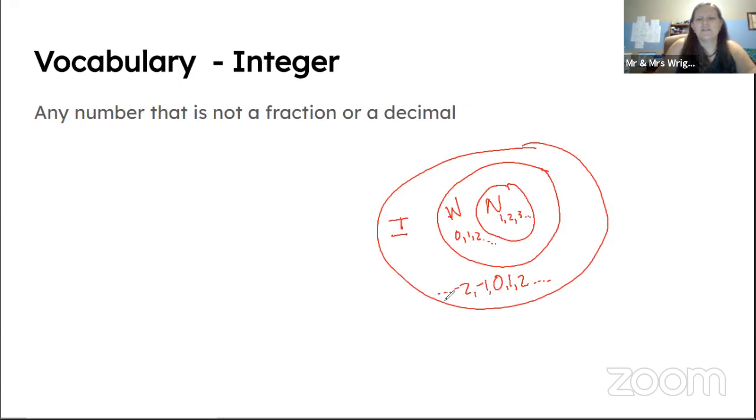And it continues on in that direction too. So integers are basically whole numbers as well as all the opposites of the whole numbers, okay? So any number that is not a fraction or a decimal. So integer, it can be positive or negative.